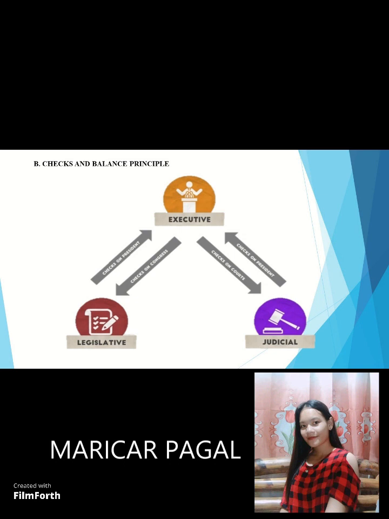The judicial branch can declare unconstitutional any executive order by the president or law passed by the legislative branch if proven. 4. The president can nominate candidates for Chief Justice.